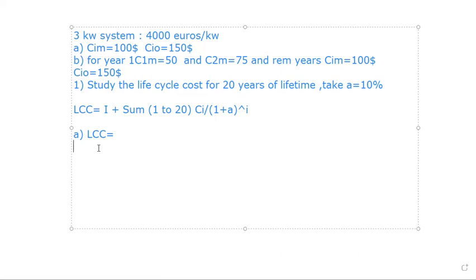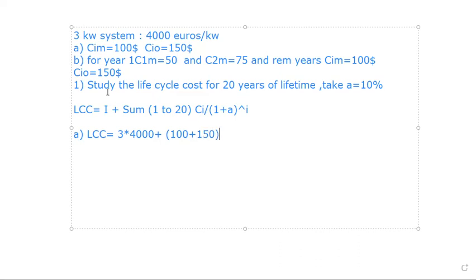So for the LCC, for part one we have 12,000, because you have 3 kilowatts times 4,000 euros per kilowatt, so we multiply 3 by 4,000, plus. What is simple here is that the costs are constant over the years. For part A, you can take C_I outside of the summation, so it's 100 plus 150 times, and you can now use the geometric summation.